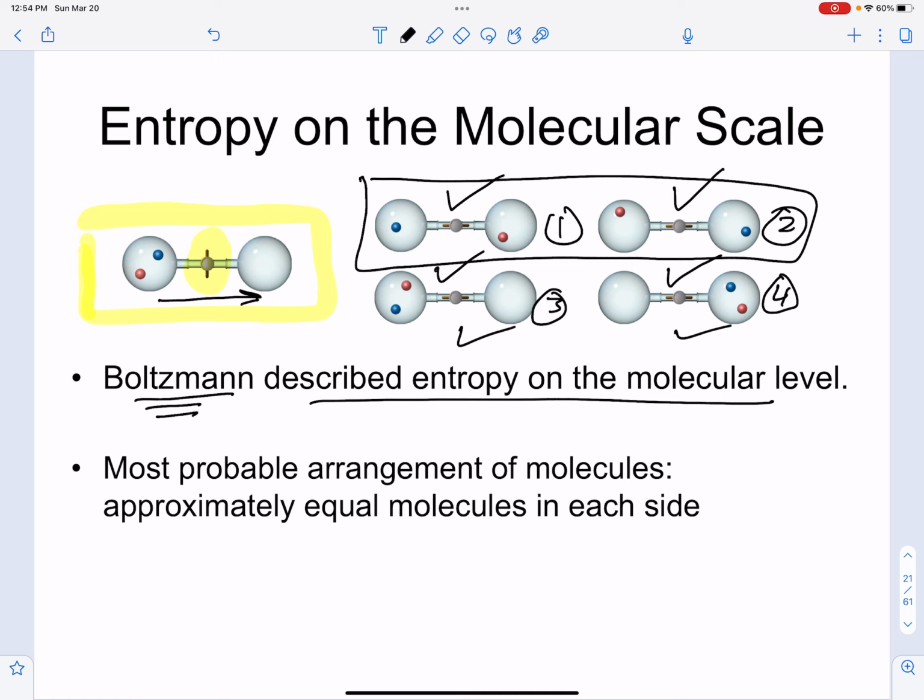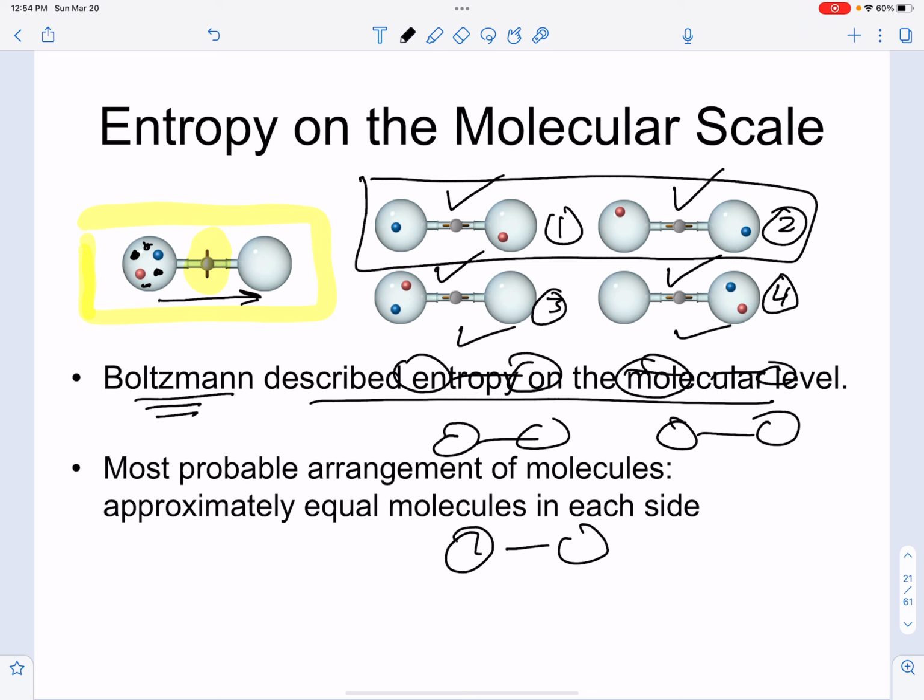So does it make sense that if I had more particles, I would have more microstates? We can see how the number of particles creates a lot of different variations.